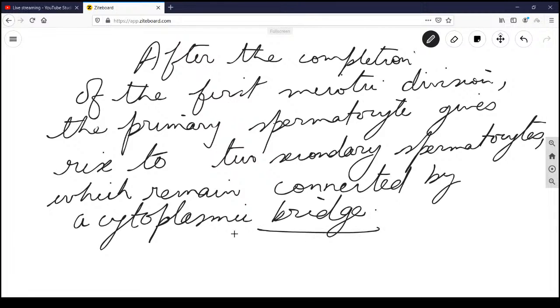This is very important, because this concept is always hidden in many books. So you should know this concept: they are connected by a cytoplasmic bridge.